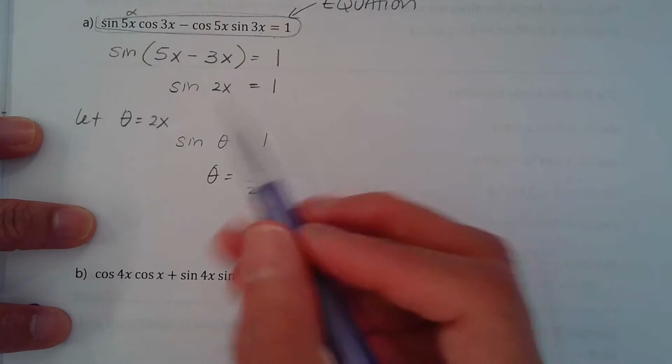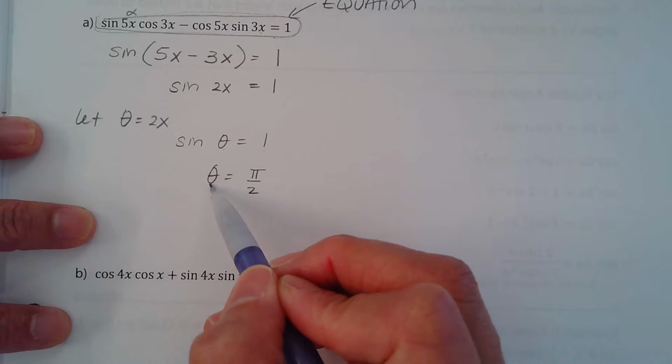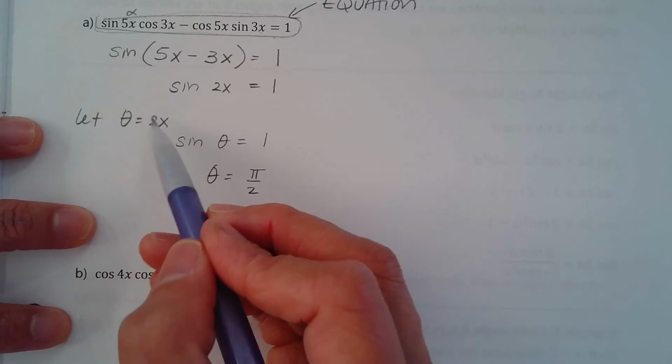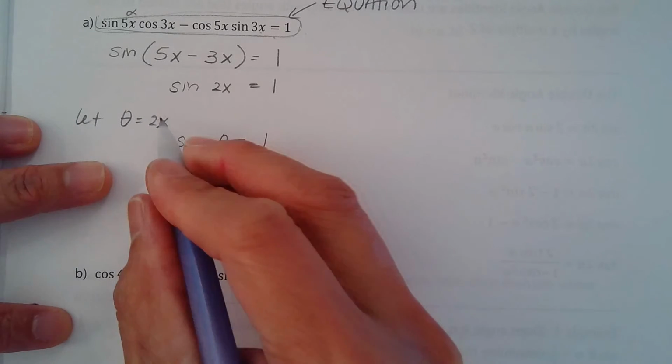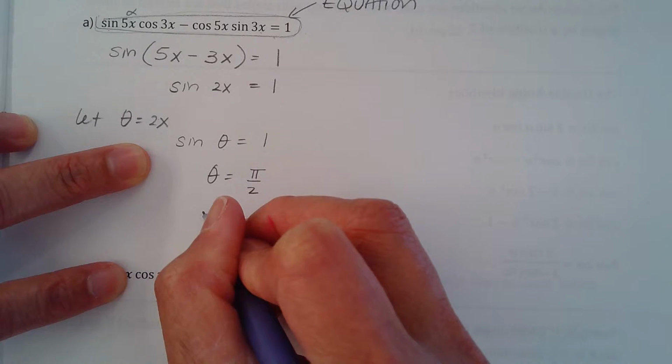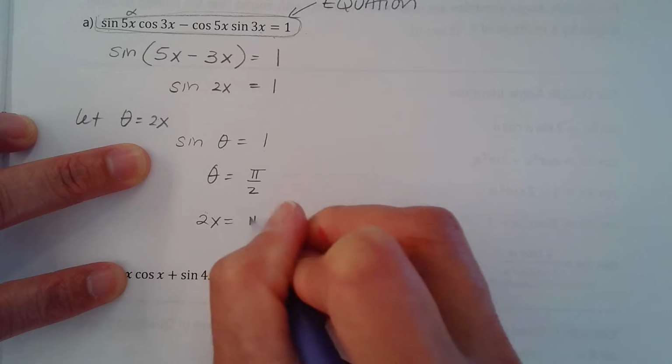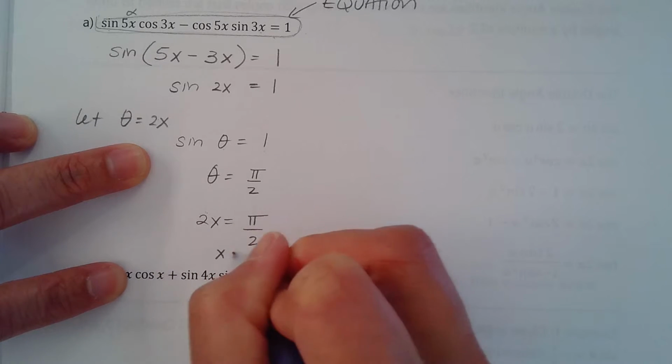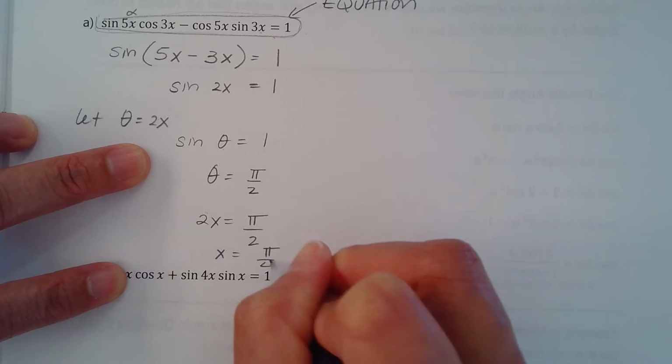Okay, now our question is not about theta, but it's about the x. So we're going to put that back over there. So this becomes 2x equals to pi over 2. So x equals to pi 4.